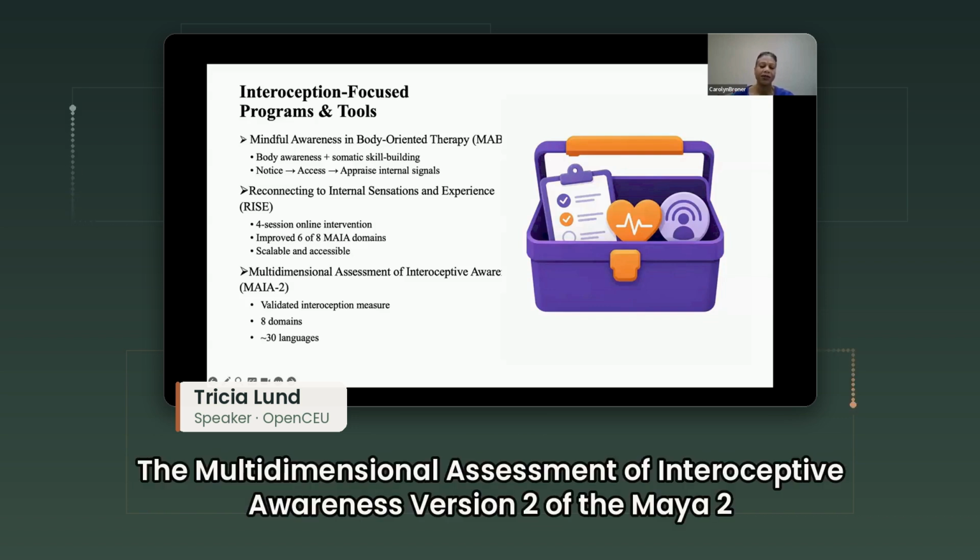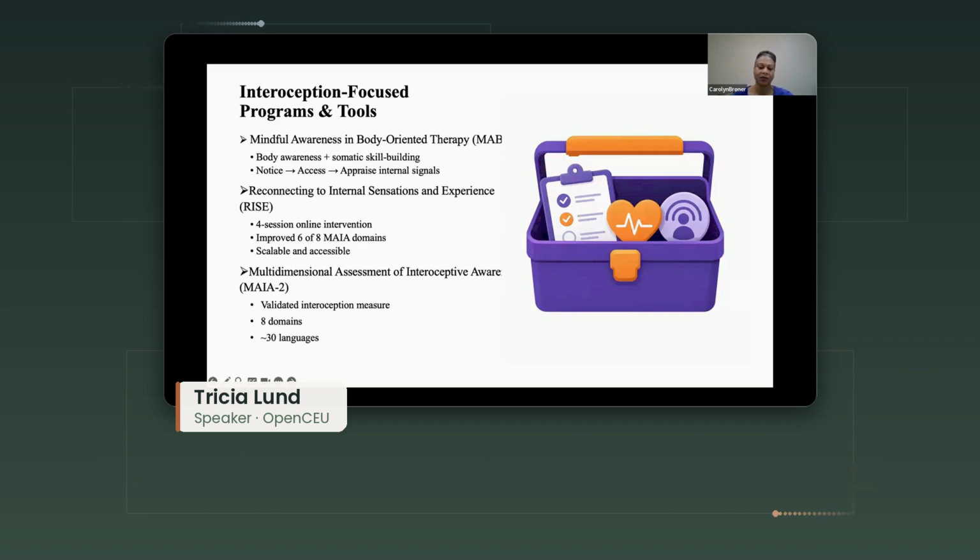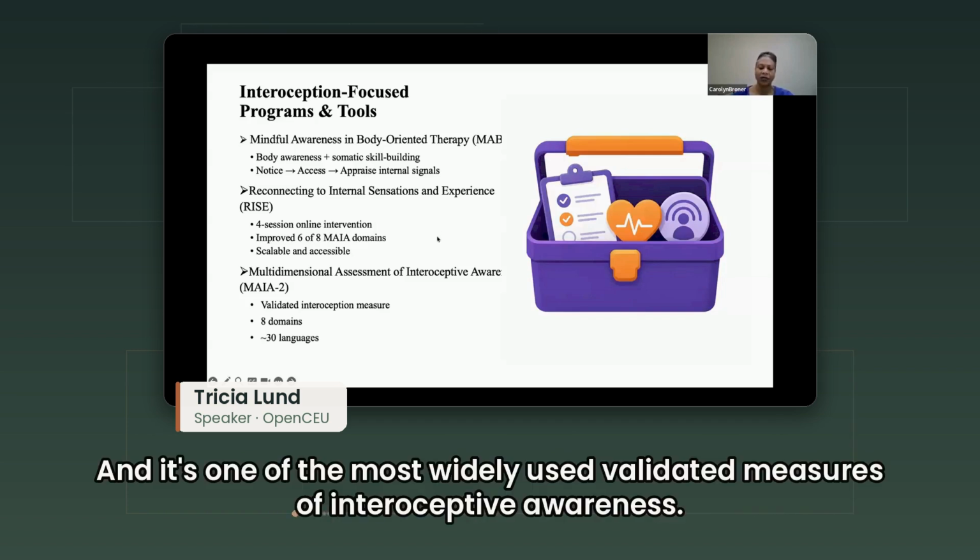The Multidimensional Assessment of Interoceptive Awareness, version 2, or the MAIA-2, was developed by Dr. Wolf Mehling at the University of California, San Francisco, and it's one of the most widely used validated measures of interoceptive awareness.